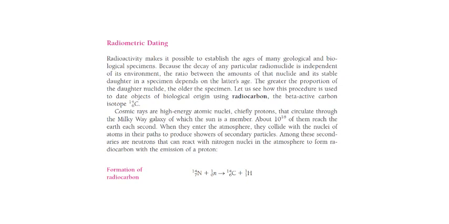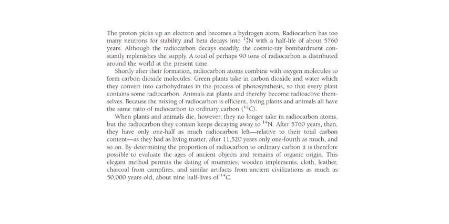These neutrons react with nitrogen present in the atmosphere, and they form radiocarbon 14C via this process. This radiocarbon reacts with oxygen present in the atmosphere and gets converted into carbon dioxide, carbon dioxide which is formed from radiocarbon.